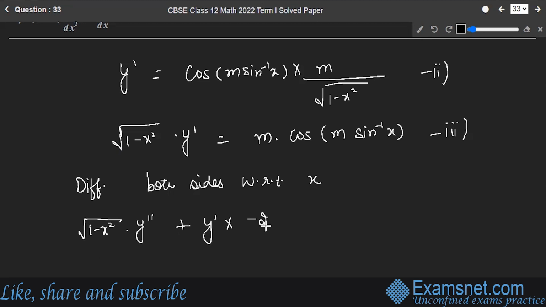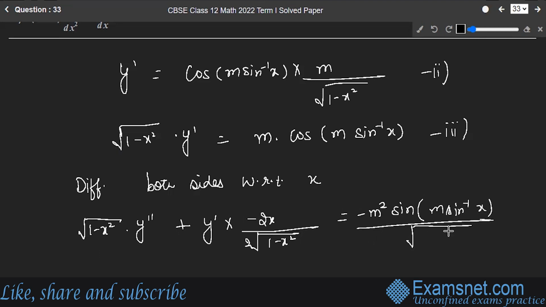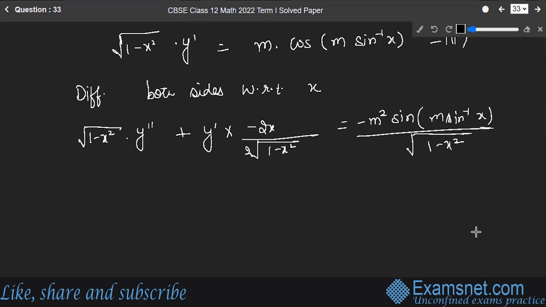This will be equal to minus 2x upon 2 root 1 minus x square, which is equal to minus m square sine of m into sine inverse x, whole divided by root of 1 minus x square, since the derivative of sine inverse x is 1 over the root of 1 minus x square.